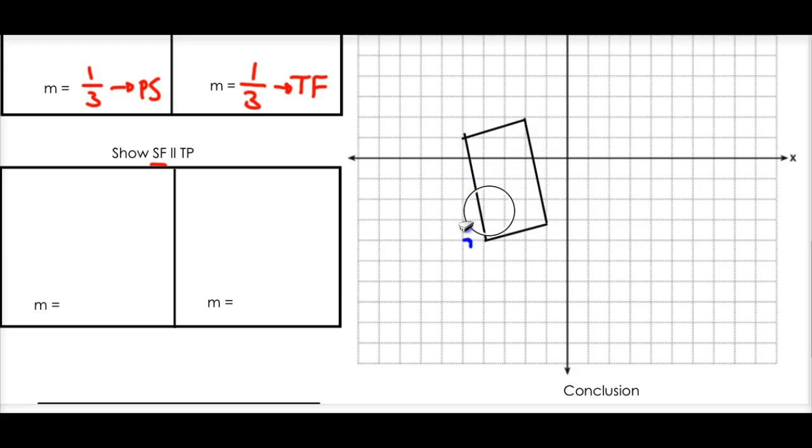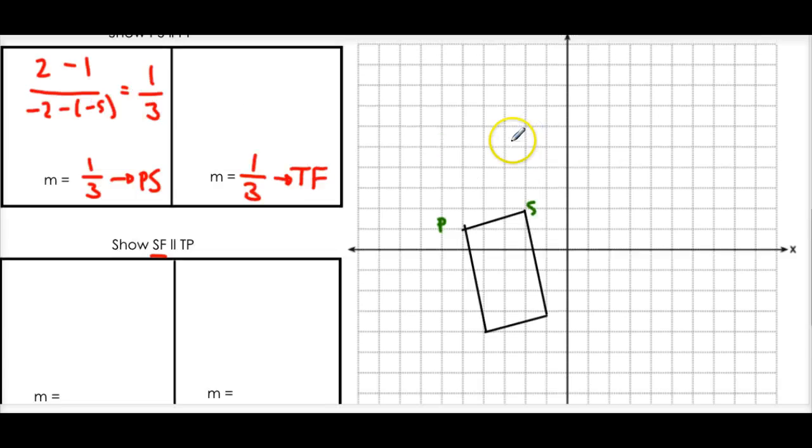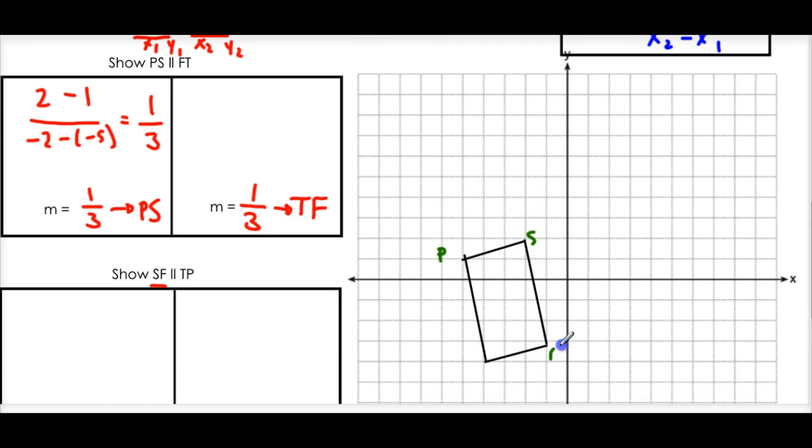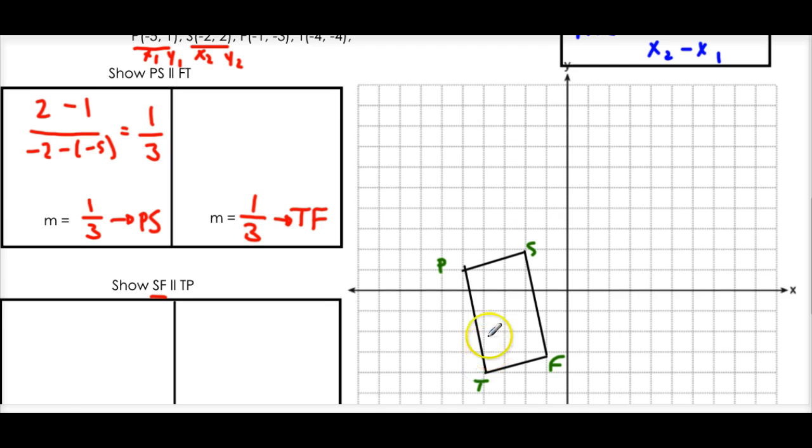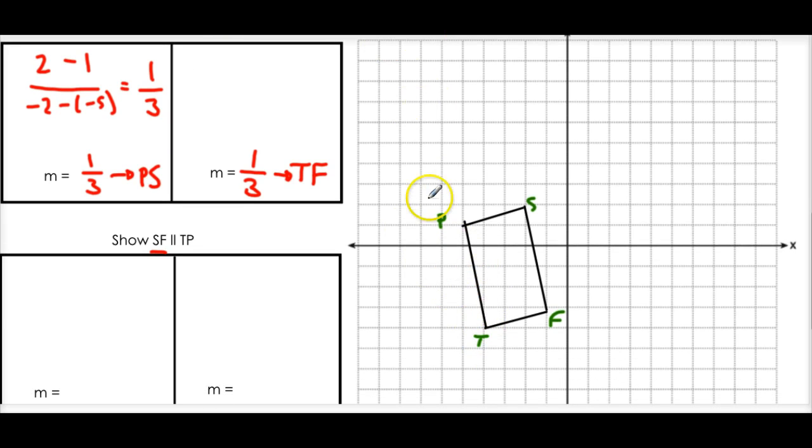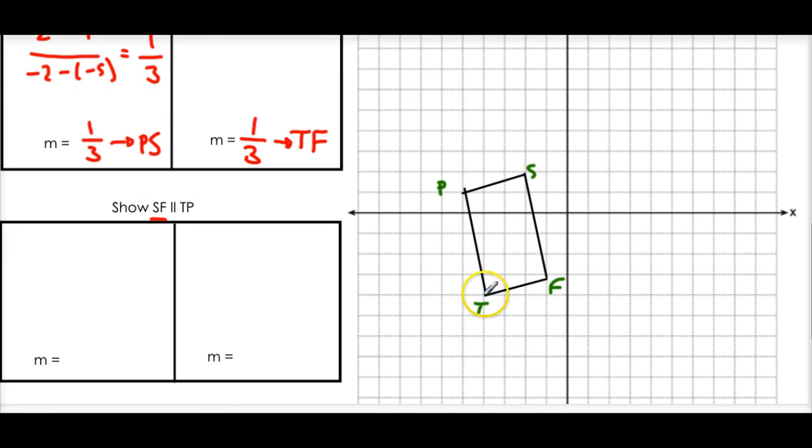I get to be lazy, and I'm just going to be using the counting method. So the slope of PT, let's count it out. It is down 1, 2, 3, 4, 5 over 1. So my slope of PT is -5 over 1.